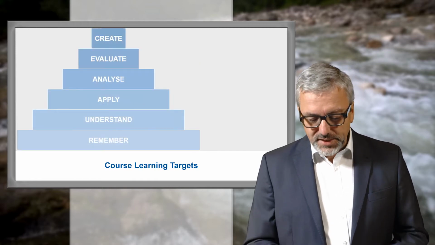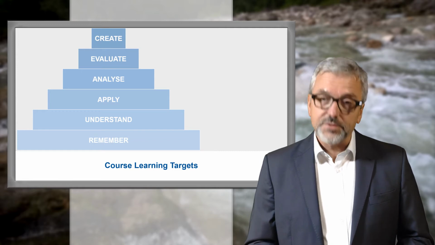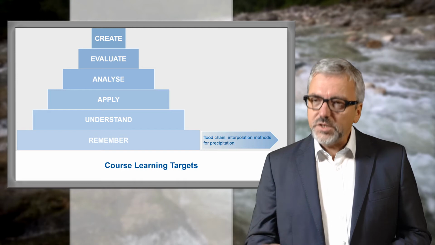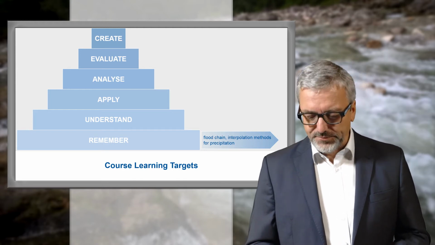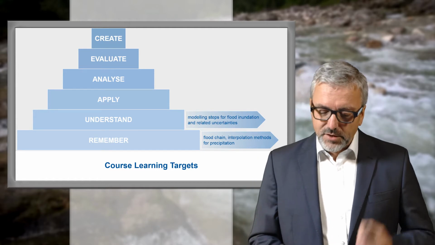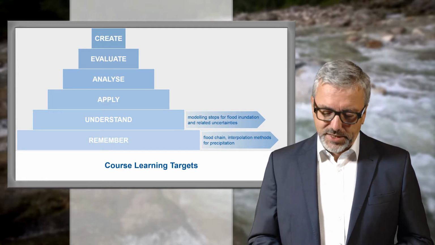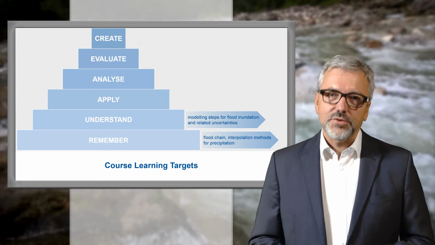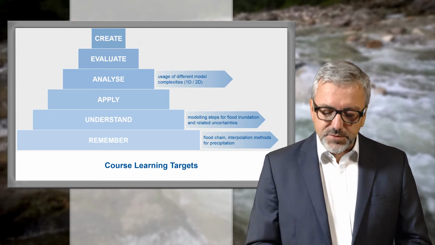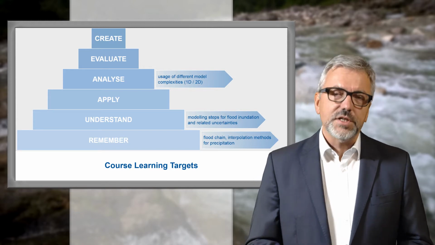The learning targets of our course are that you should remember what a flood chain is, and which interpolation methods you have for precipitation mainly. Then you should understand all the modeling steps for flood inundation and their related uncertainties. Analyzing the usage of different model complexities is also an issue.